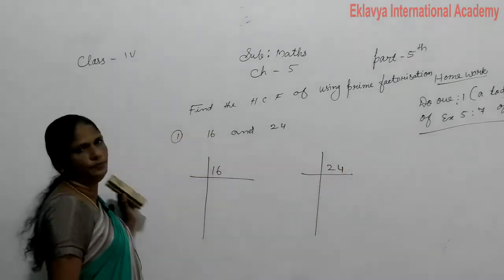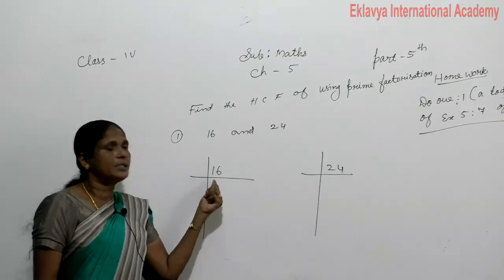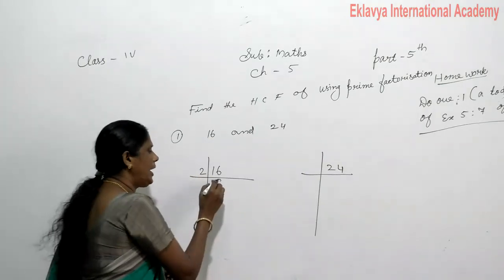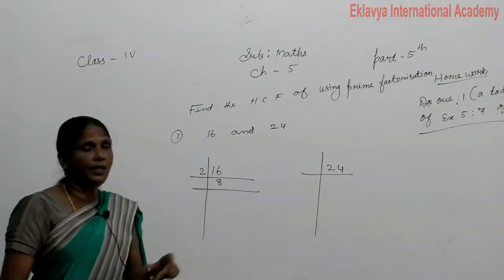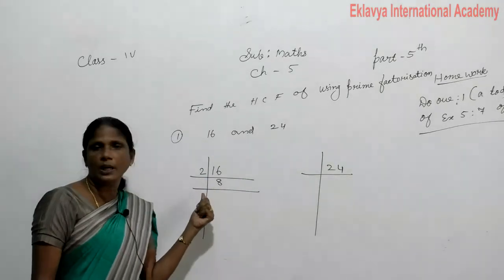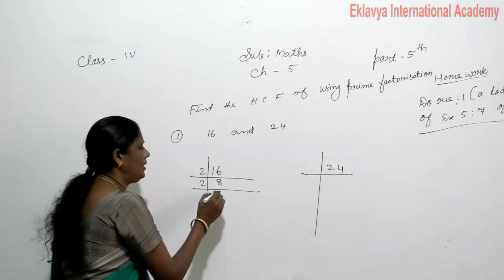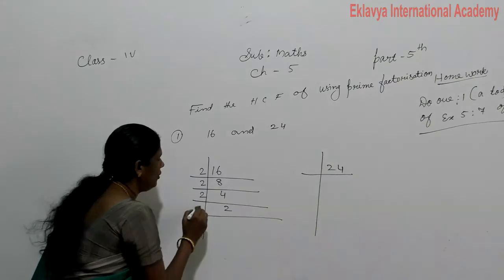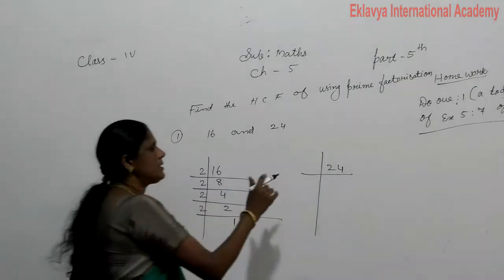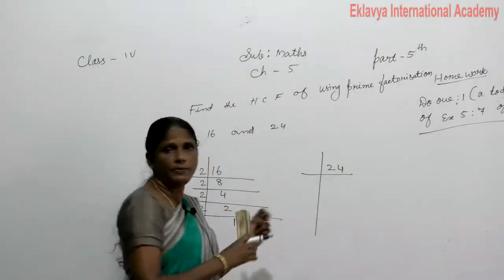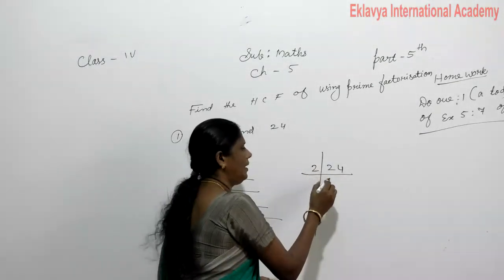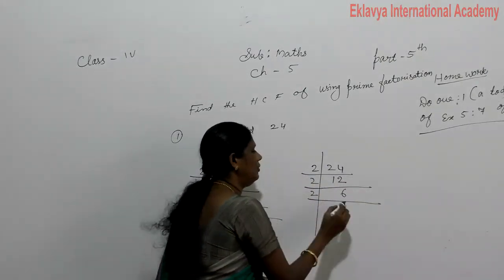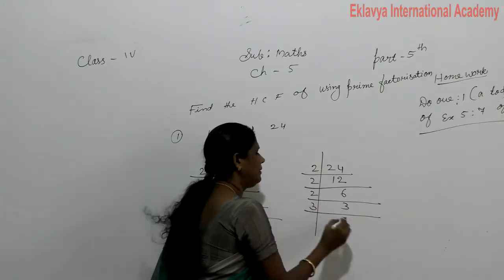Okay. Now, first 16 is divisible by 2. Yes. How many times? 8 times. Again you check. 8 is divisible by 2. Yes. How many times? 4 times. Again 2, 2. Again 2, 1. Next 24. 24 is divisible by 2. Yes. 12. Again 2. 6. Again 2. 3. Then 3, 1.